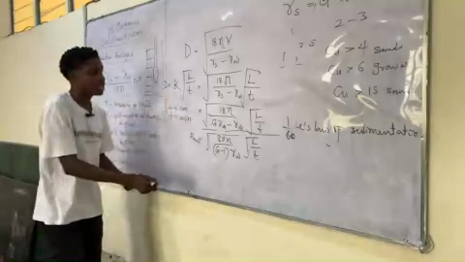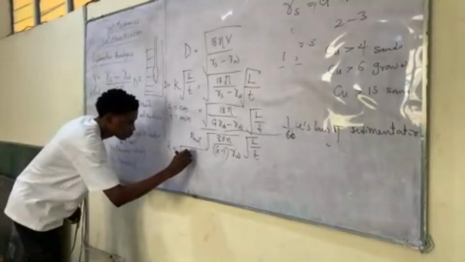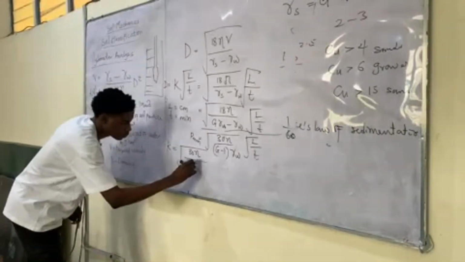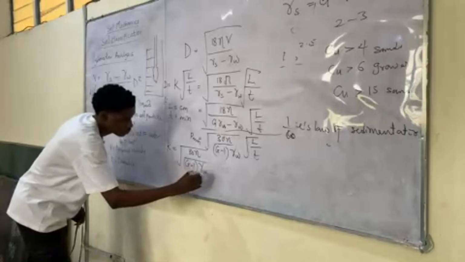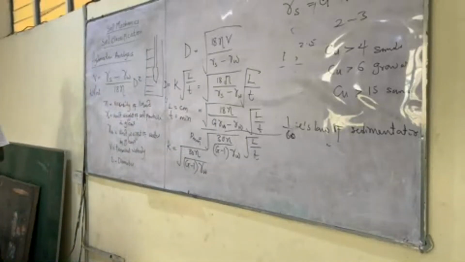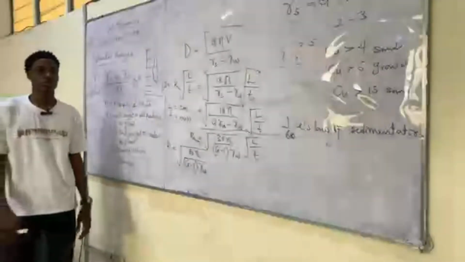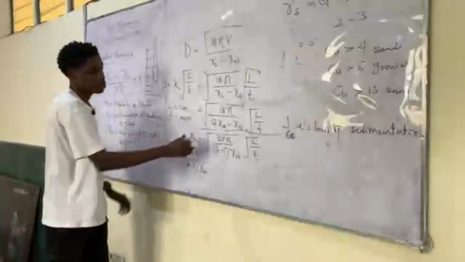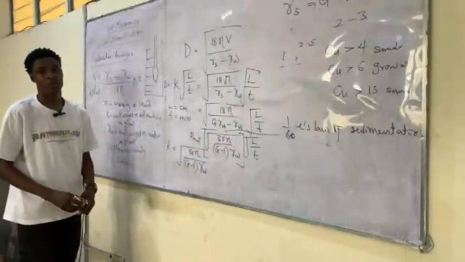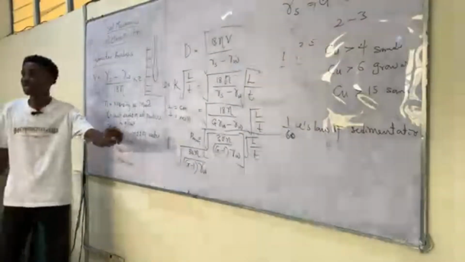K is a constant. This is K. No, it's this one we took away. K is at a particular temperature.